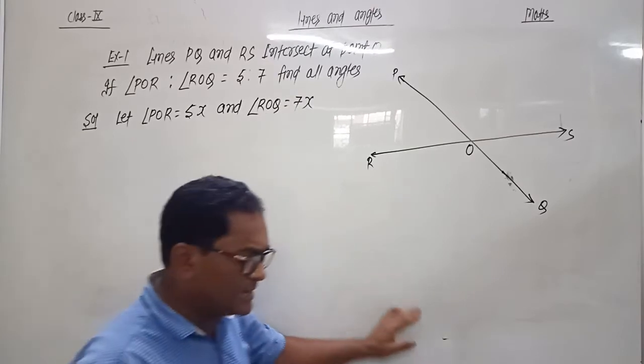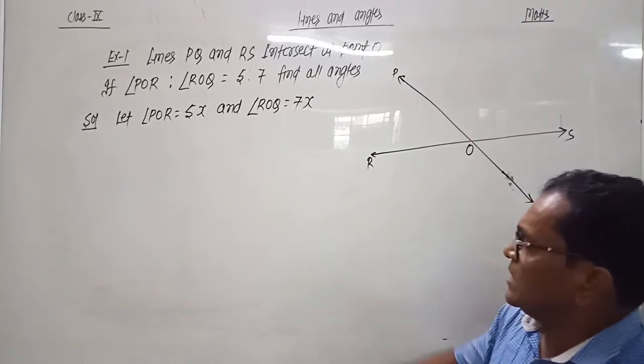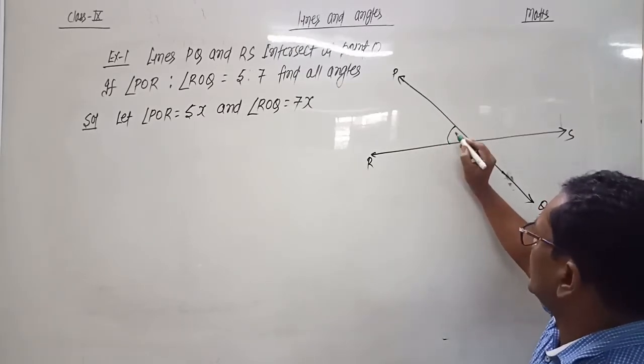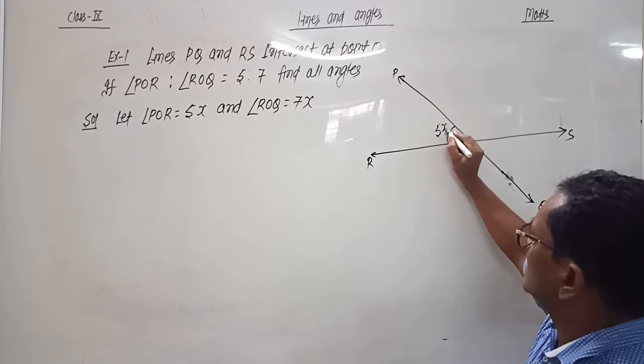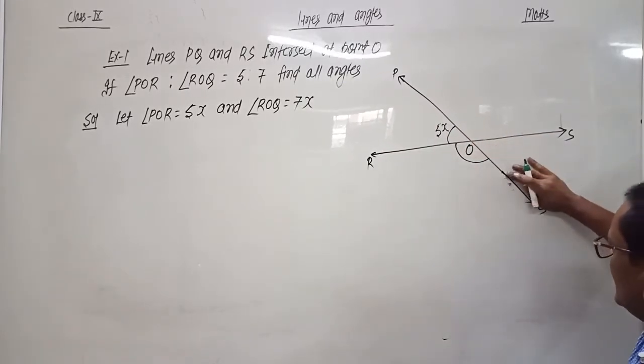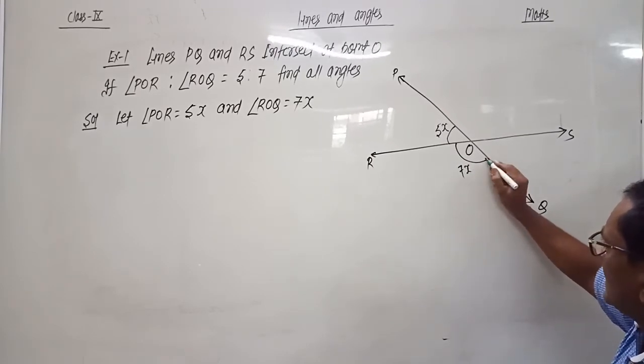If the ratio is given, then we can suppose in terms of variable x. So 5x and 7x.